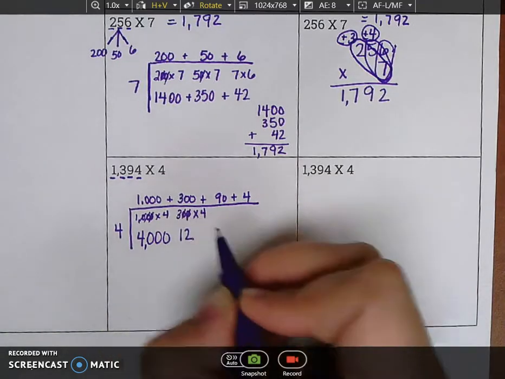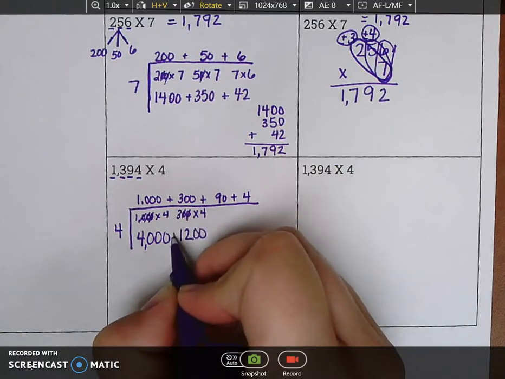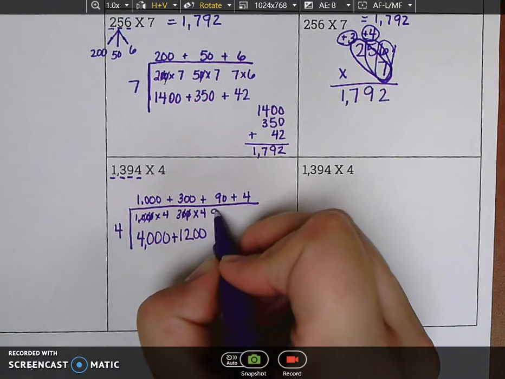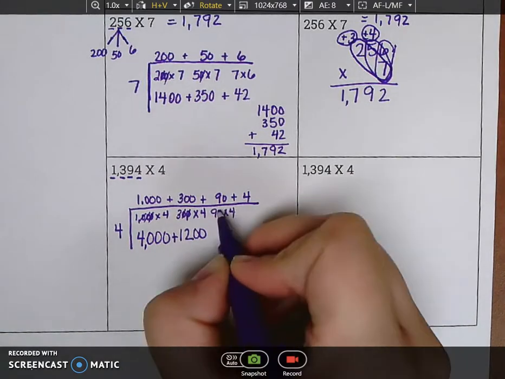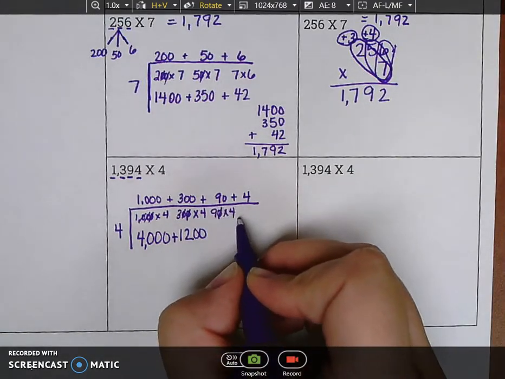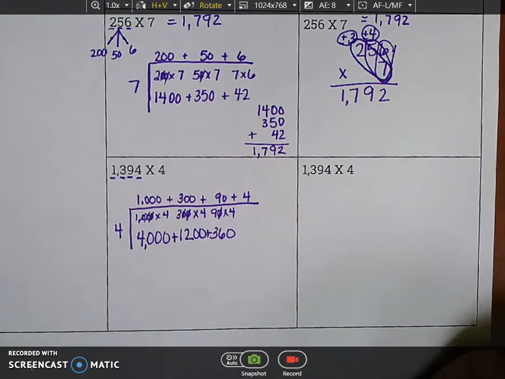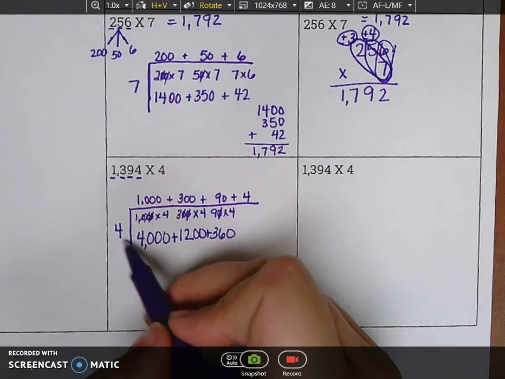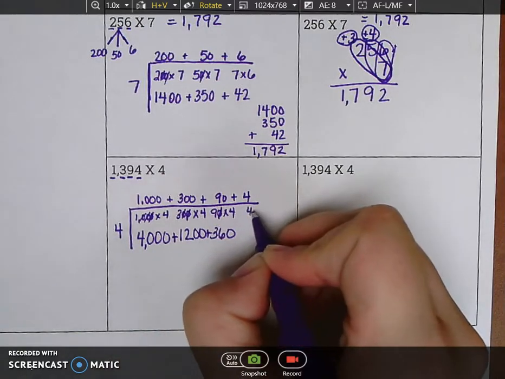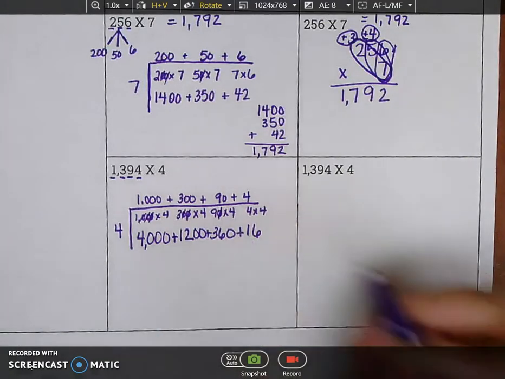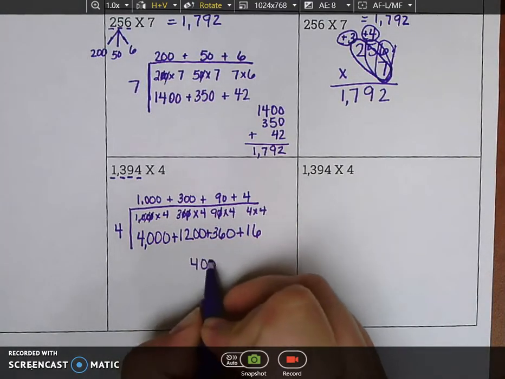We had 2 zeros, so we're going to add those back on. Then we're going to do 90 times 4. Cancel out that 0. 9 times 4 is 36. Add that 0 back on. And lastly, 4 times 4 is 16.